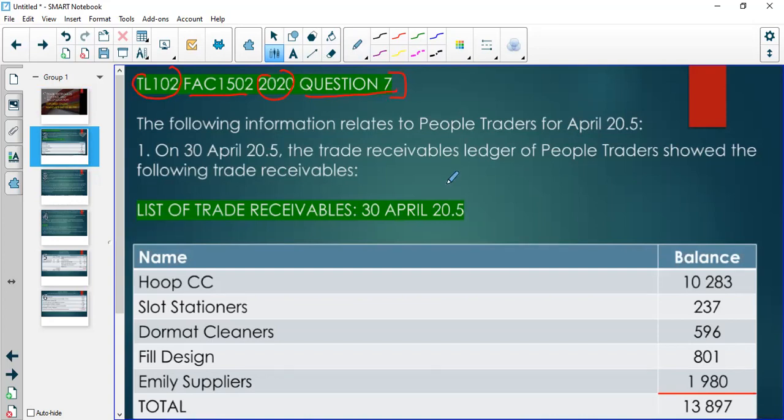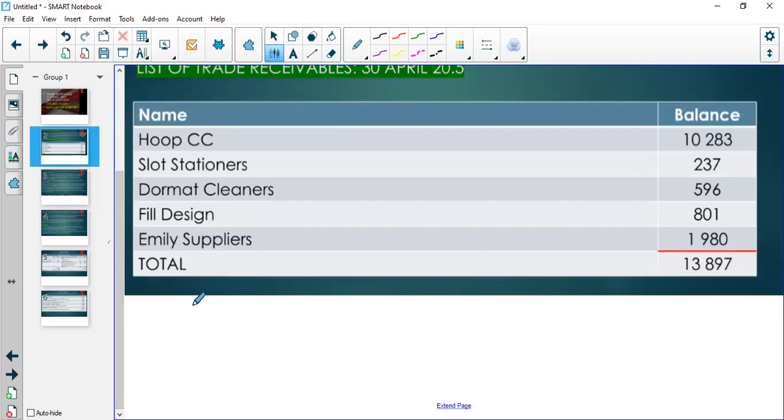But before we go into the details of the story, let me remind you of 3 things that you need to remember when dealing with trade receivables. The first thing is that trade receivables is an asset. It's called trade receivables or accounts receivable or debtors. Some modules refer to them as client control, for example.